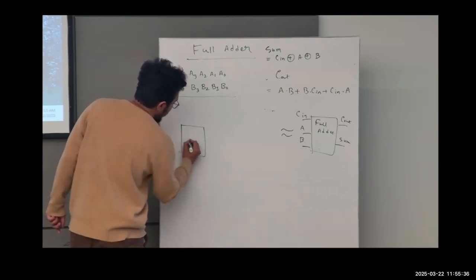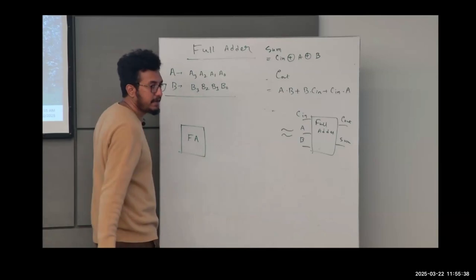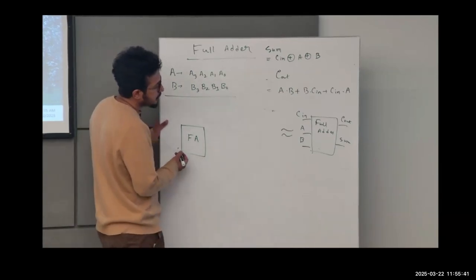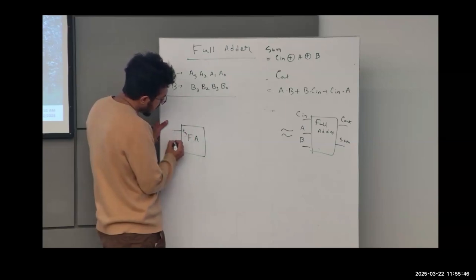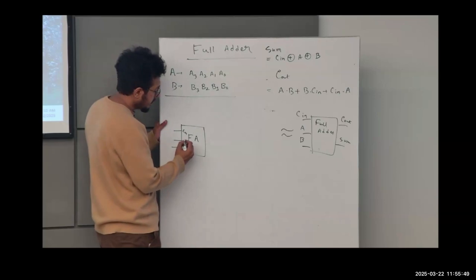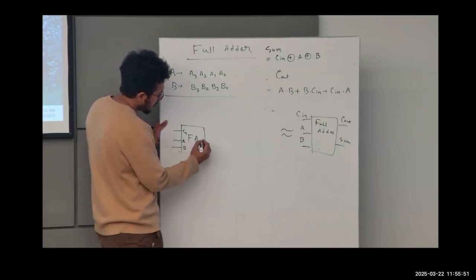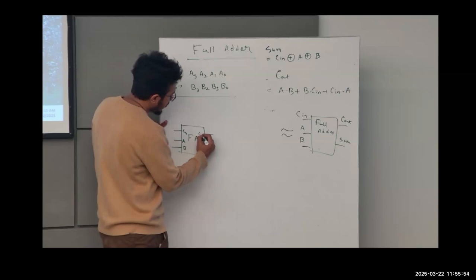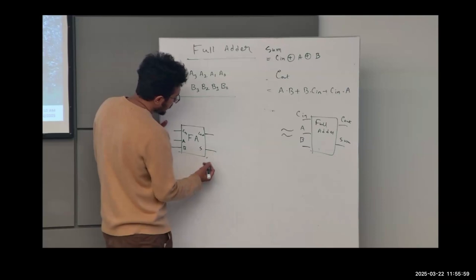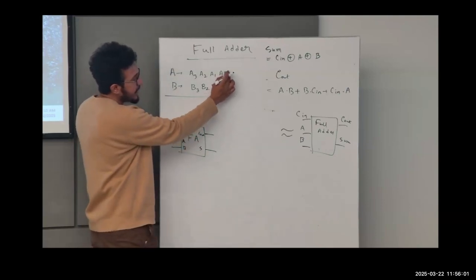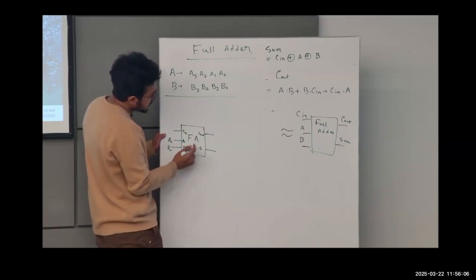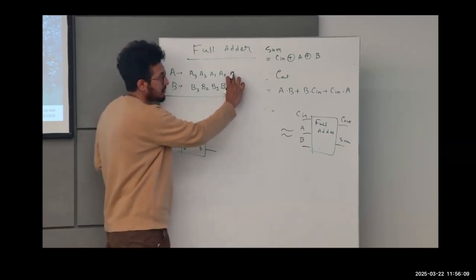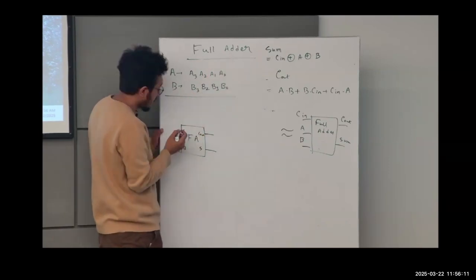For simplification, I am just writing FA. In our full adder, we have carry in and 2 other pins, A and B, and we have carry out and sum here. Now, for adding A naught and B naught, I am giving A naught here and B naught here. Since it is the least significant, rightmost bit, we do not have a carry, so I am just putting a 0 here.